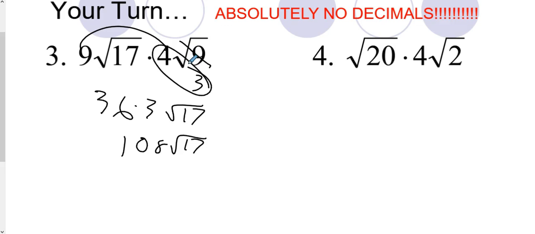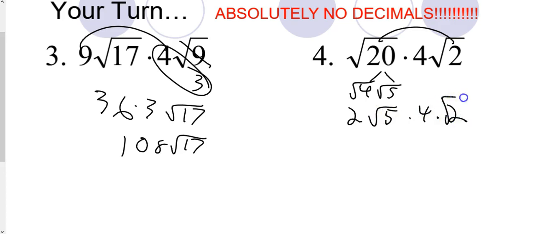Now, you have a choice here. You can do 20 times 2, or you can simplify this first, like we've been doing. It's up to you. So when you do that, that's going to be 2 radical 5 times 4 radical 2.